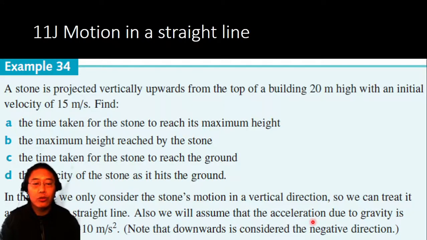Now you have to assume that if you go upwards, it's your positive direction. So you start with a equals negative 10, and you will anti-differentiate twice to get your velocity rule and your position rule. You will need those values to determine the constants.